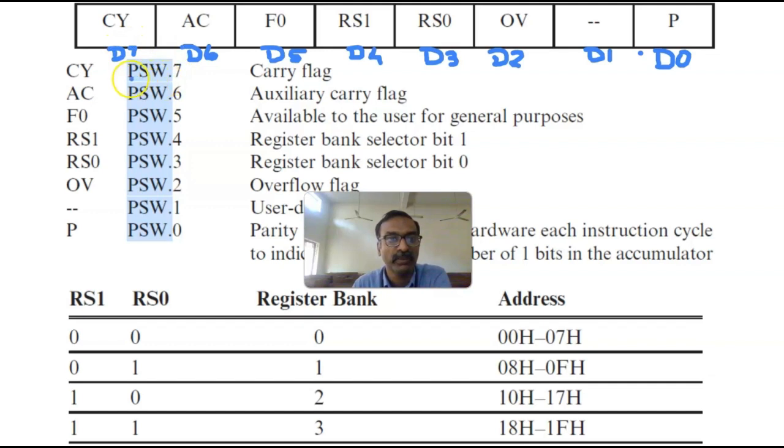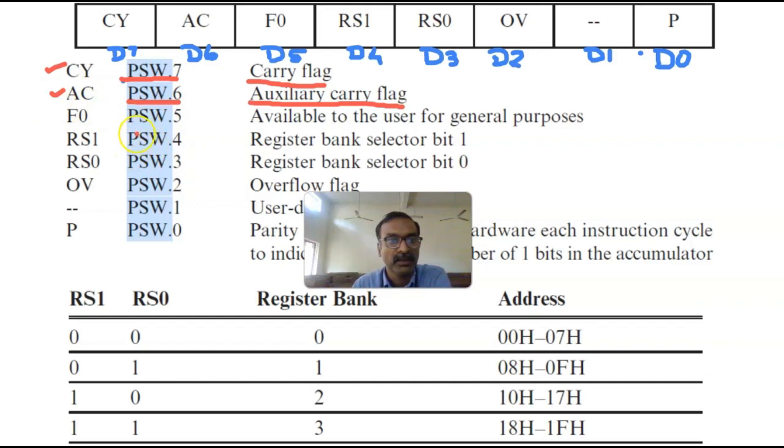D7, or it is called PSW.7, it is the carry flag. We are going to see what is carry flag soon, and short form is CY. Then PSW.6, that is the 7th bit. If you are starting from 0, it is the 6th bit. It is called the auxiliary carry flag. Short form is AC.